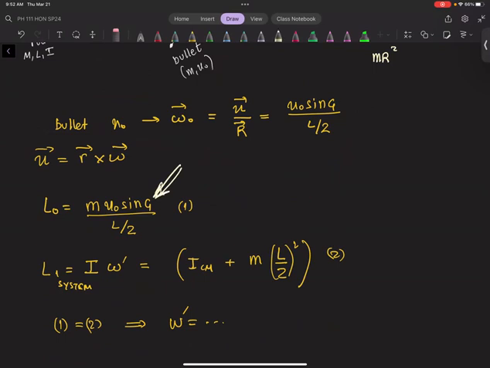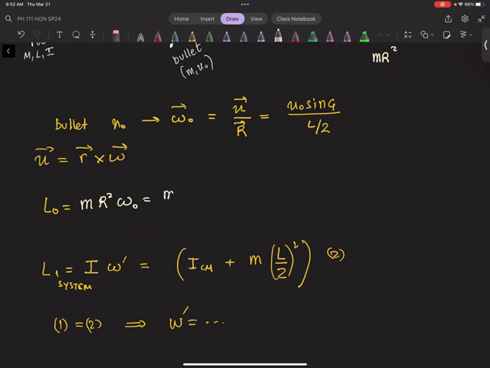So again, let me rehash this. The initial moment is mass times R squared times omega, right? I screwed this up, guys. So please correct this. So what is it again?